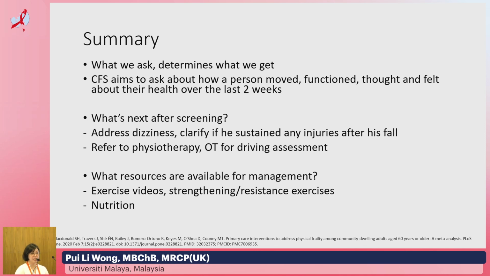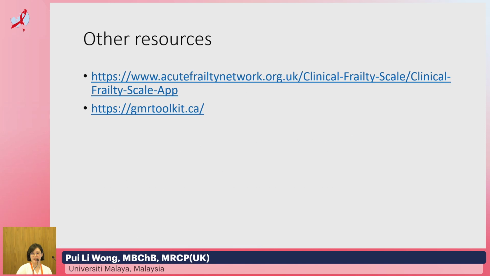And that's actually something that's really, really basic. Okay. So these are the other resources. There's actually an app called the Clinical Frailty Scale app that you can download and just answer yes or no on the app for a simpler way. And also a web page that gives you a similar tool.